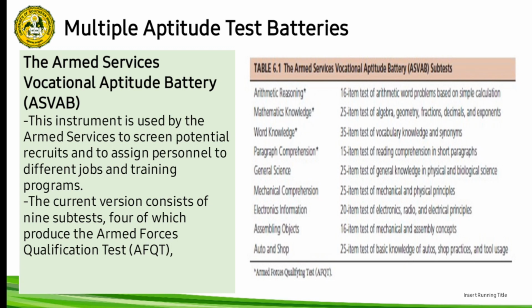Decisions about ASVAB examinees are typically based on composite scores and not subtest scores. For example, an electronics composite is derived from combining arithmetic reasoning, mathematics knowledge, electronics information, and general science. Persons scoring well on this composite might be assigned to electronics-related positions.